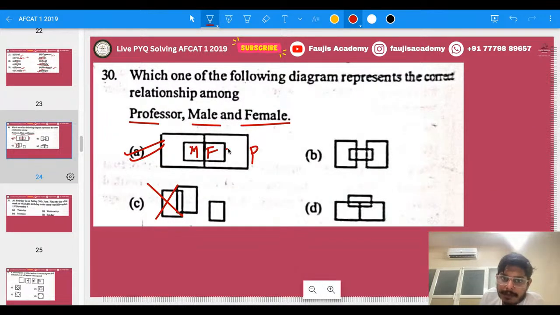For that, we have left the space over here, right? We have left some space already. But all professors will be male or female, right? Yeah, maybe, might be.